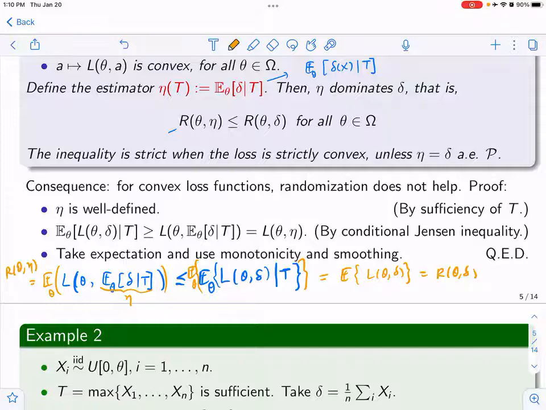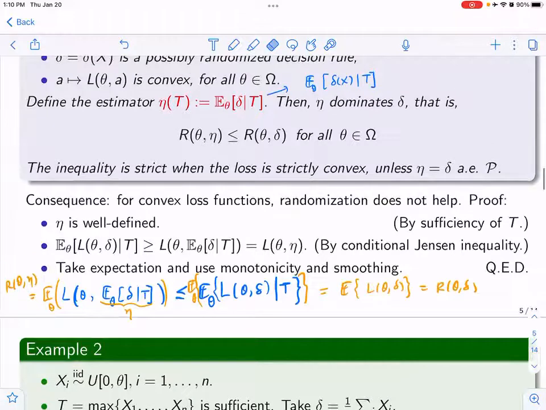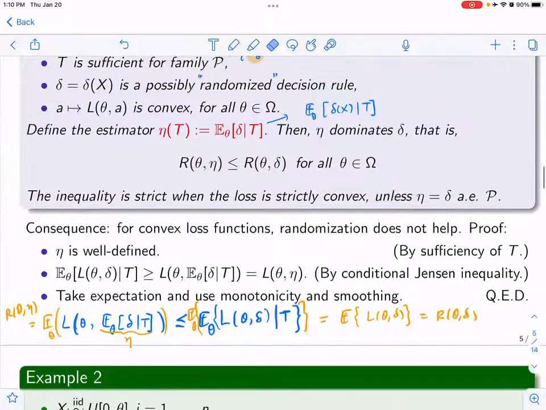And this statement is again an application of the strict statement in Jensen's inequality, which I leave you to verify. Okay, so this result is basically an application of Jensen's inequality conditional on the sufficient statistic. Questions?